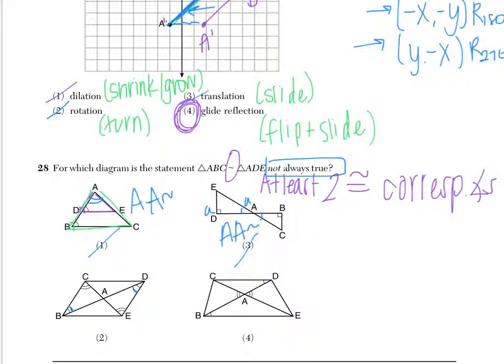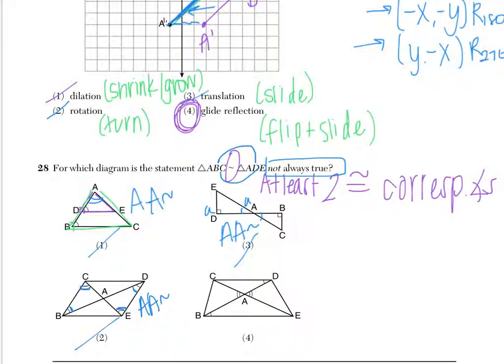This is okay because B does in fact match up with D. And then this angle ACB is congruent to angle AED, which is fine because C does in fact match up with E. So again, this is AA similarity.